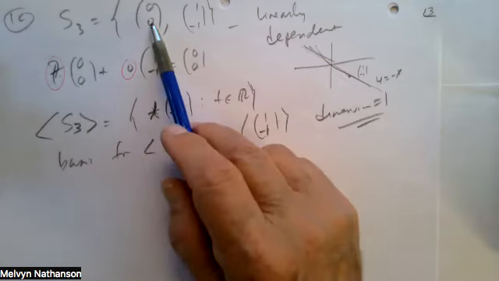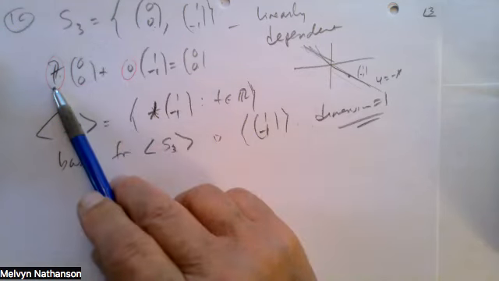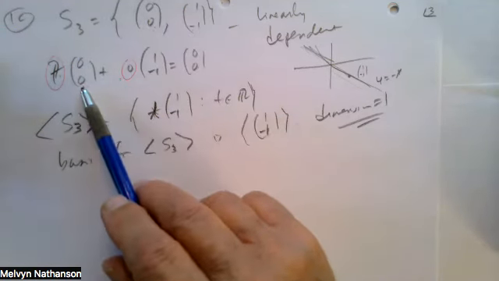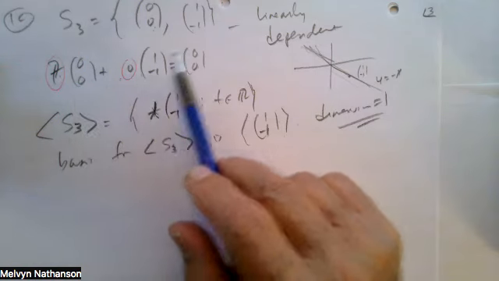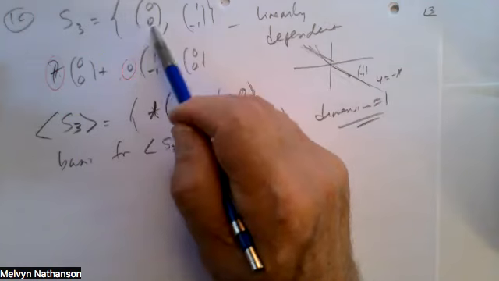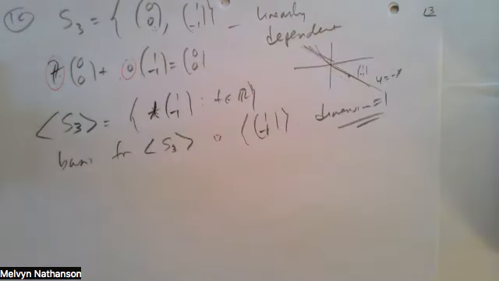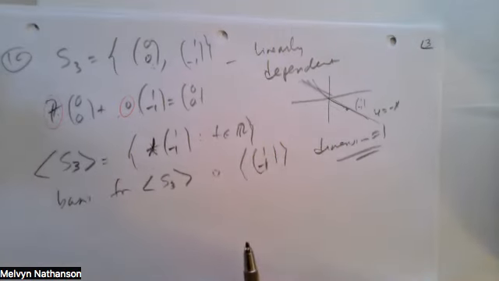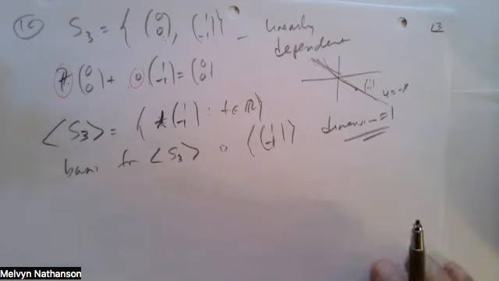So if I multiply this by any non-zero number, like 7, and I multiply this by 0, I'm still going to get the 0 vector plus the 0 vector equals the 0 vector. Once I see a set contains the 0 vector, I know that set is linearly dependent. You can't have a linearly independent set where one of the vectors is the 0 vector.